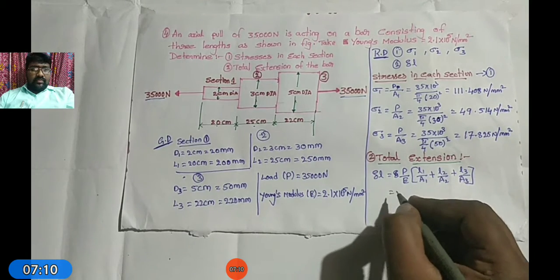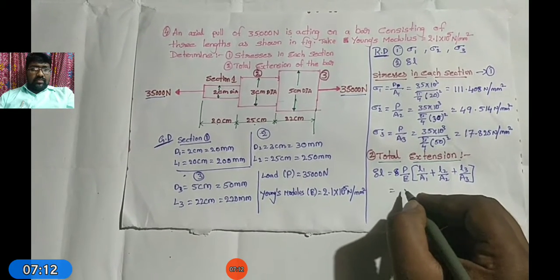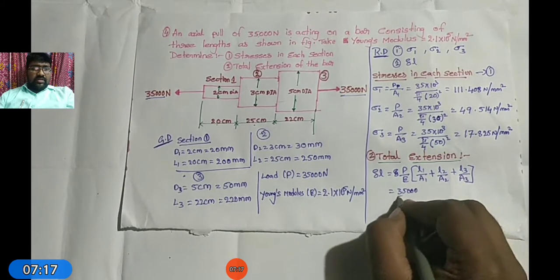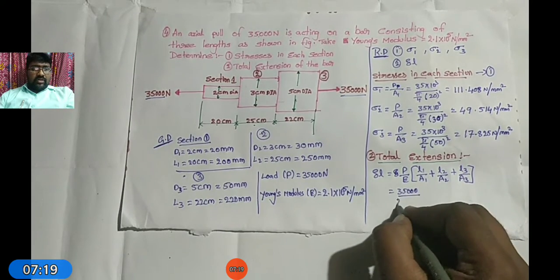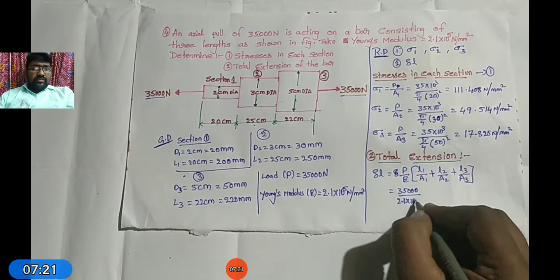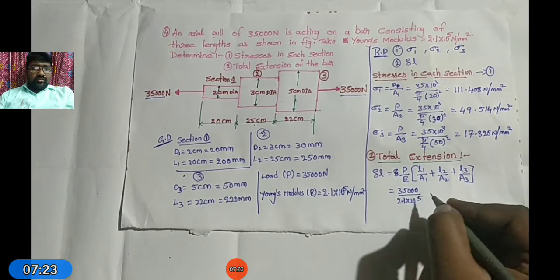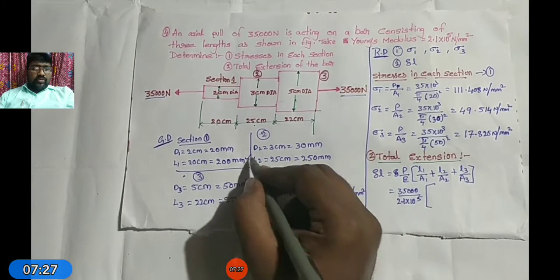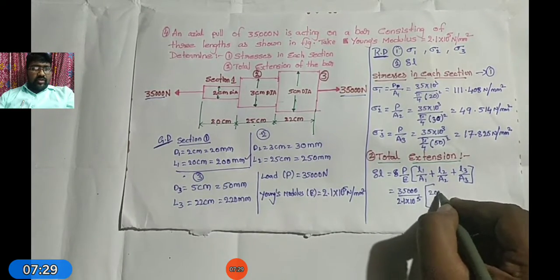P is given as 35,000 and Young's modulus is 2.1 into 10 power 5.